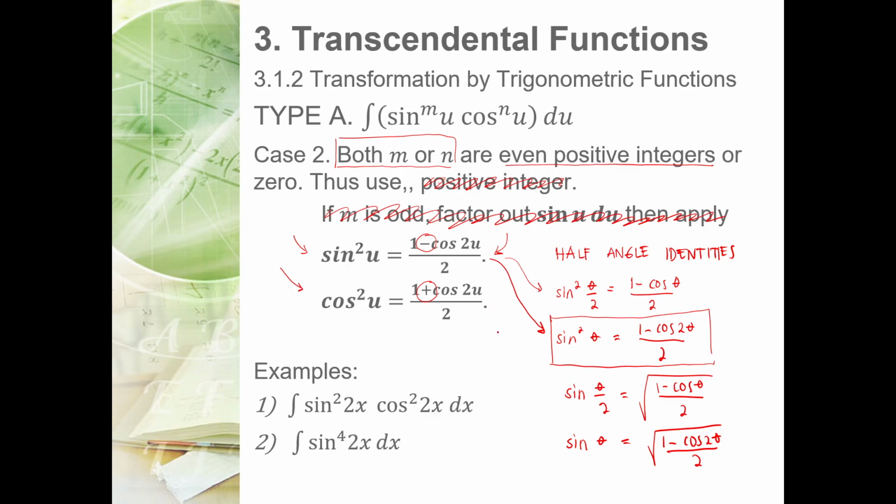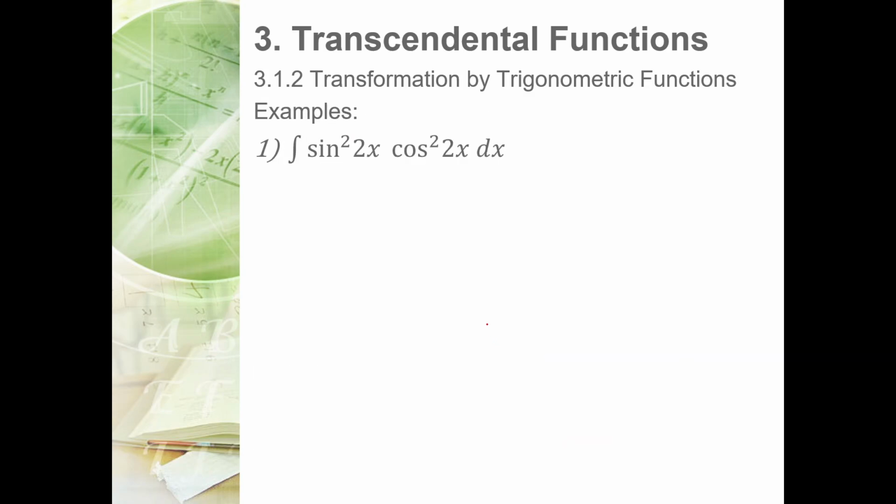Okay, so let's proceed to the first example. The integral of sine squared 2x cosine squared 2x dx. Notice that both functions have positive even exponents. Since there are two types, we use two different half angle equations.